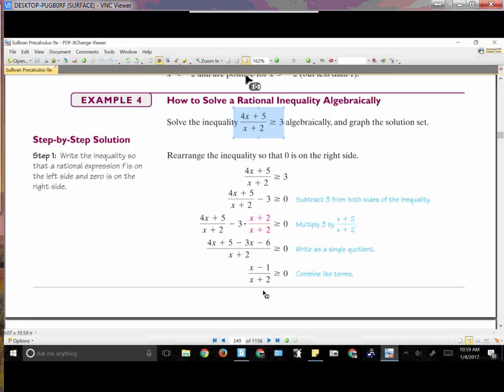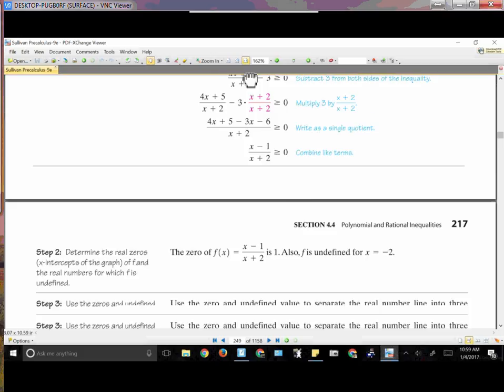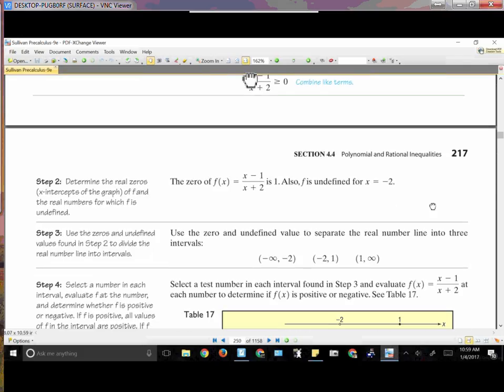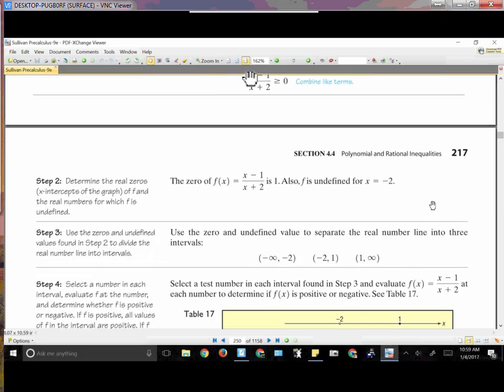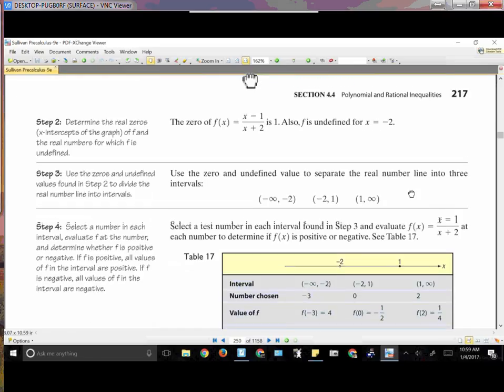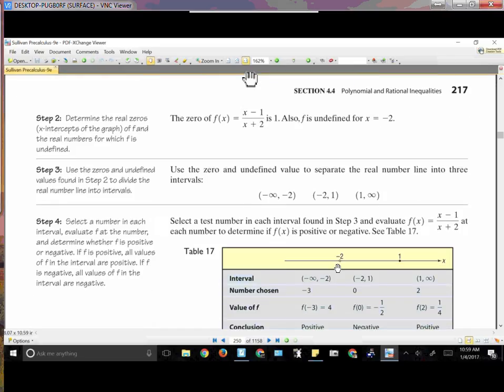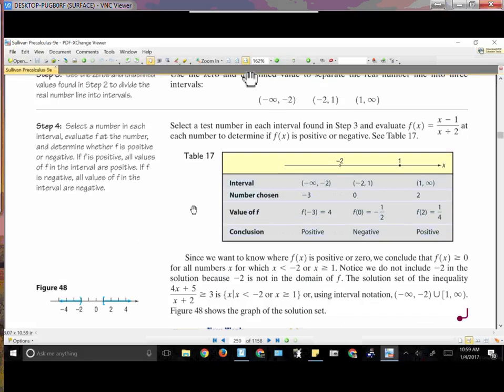Continue on with this so we get this combined like terms. And you're going to look at this and say, well, gee, what's the deal? So we look here, negative 2 and 1. We've got that wonderful chart again, right? So I know where things can and cannot be. I know that here they're positive, here they're negative, here they're positive. What was the question?